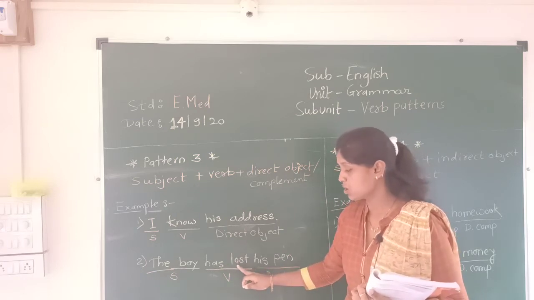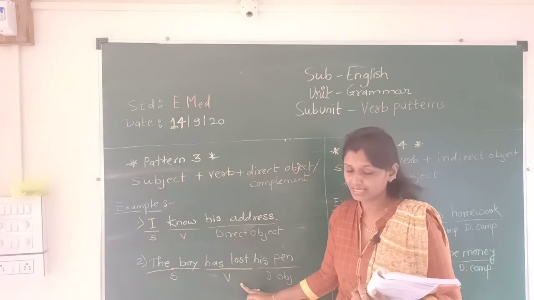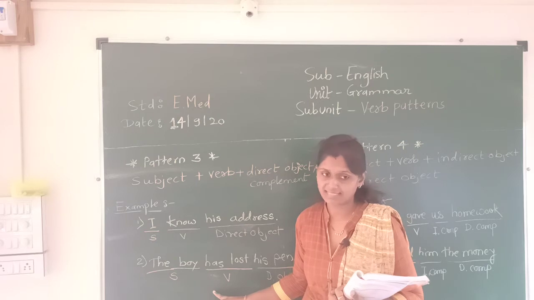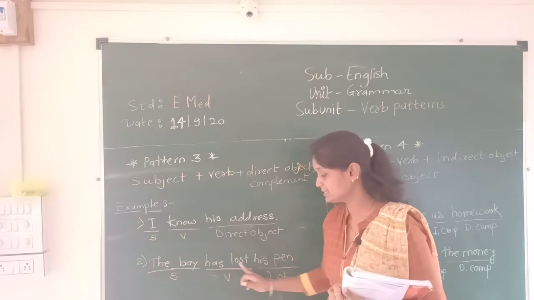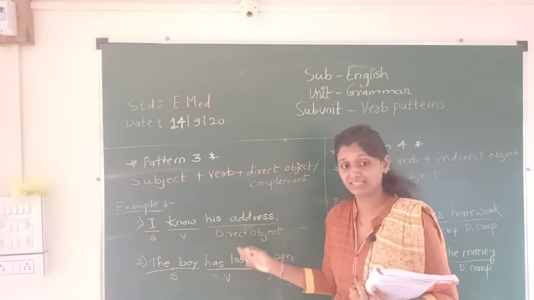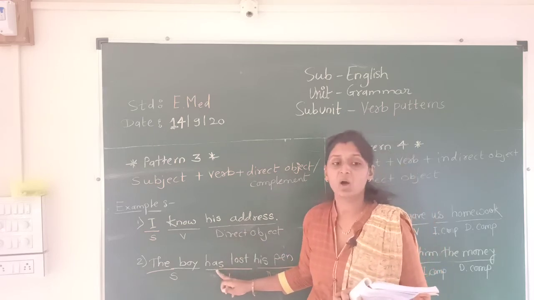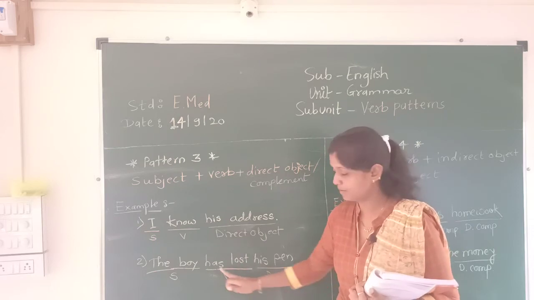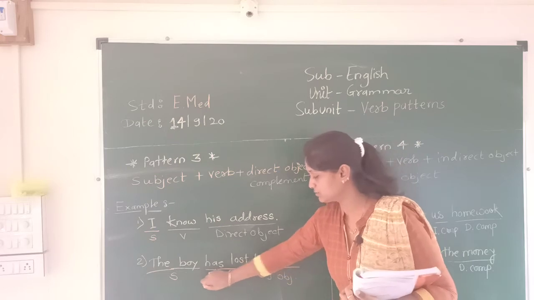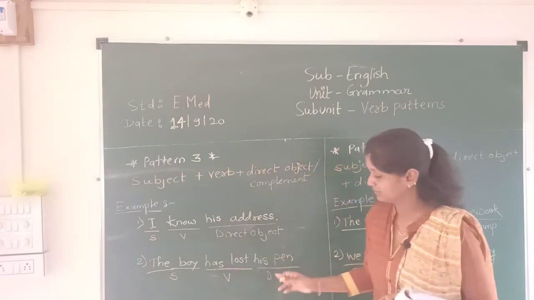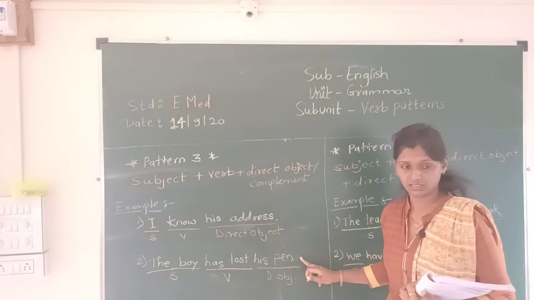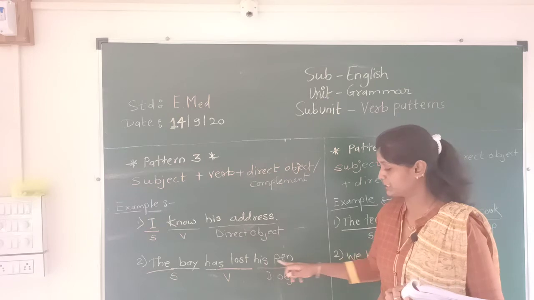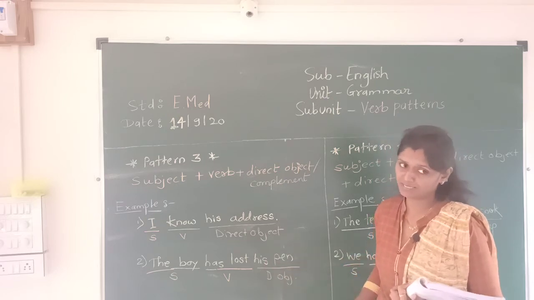Lost is a verb part and has is an auxiliary verb. So has lost is the verb part, but in that verb part has is an auxiliary verb and lost is the main verb. All this is known as the verb part. Then his pen is the direct object part.